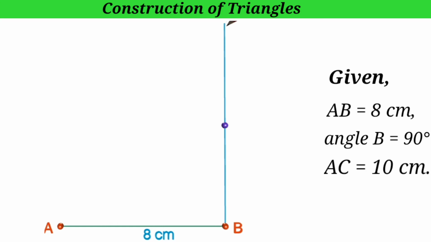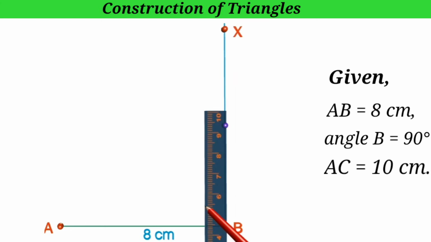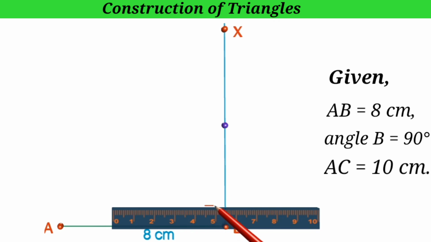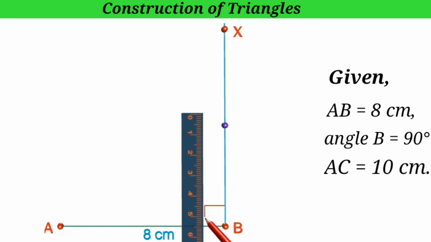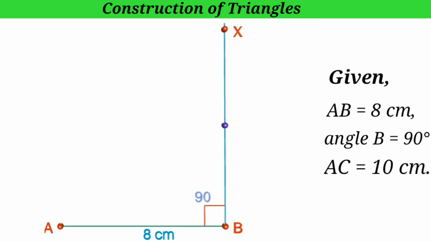So this is the ray BX. So identify X, this is BX. So now write the angle at B. So here the angle at B is a right angle. That symbol represents a right angle. So here angle B is how much? 90 degrees. So we have to write 90 degrees.